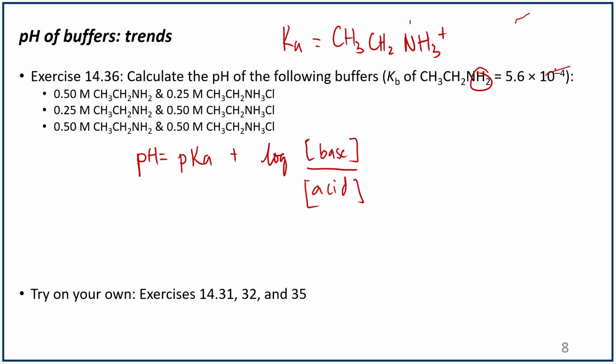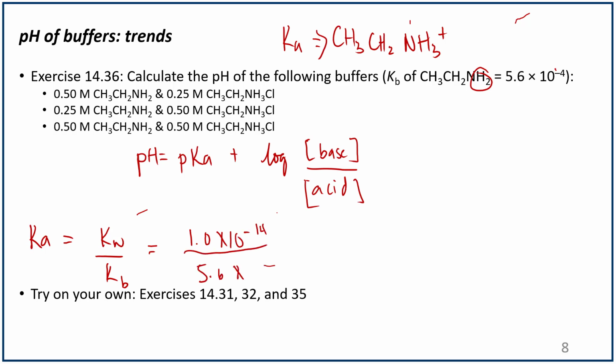So you want to know the Ka of this acid, and to do that, we just write Ka is equal to Kw divided by Kb. That should be equal to 1.0 times 10 to the negative 14 divided by 5.6 times 10 to the negative 4. So that should be equal to 1.8 times 10 to the negative 11.